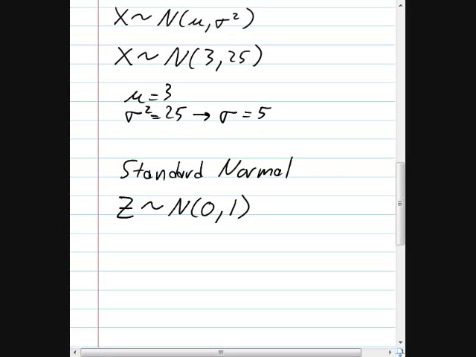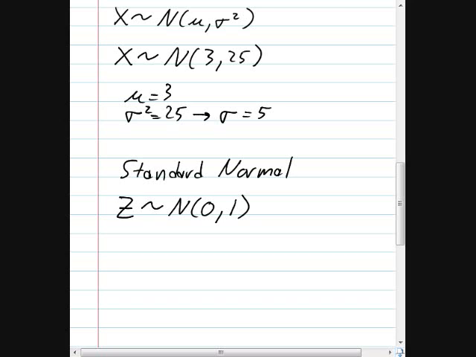So then we'll have a table for standard normal random variables. And it turns out that there's a formula which will convert any normal random variable into a standard normal. And we can use that to create probability questions in the standard normal format, which we can use the table to solve. Let's look at an example of a standard normal probability question.